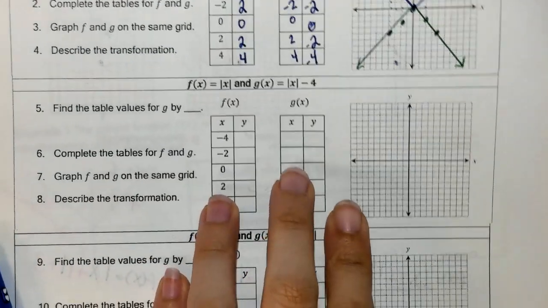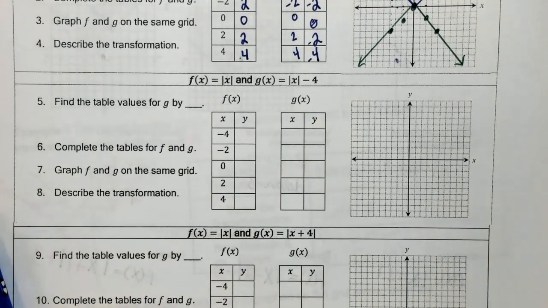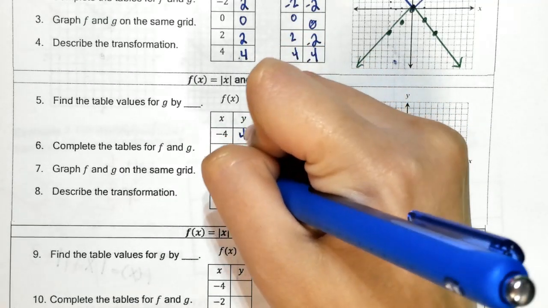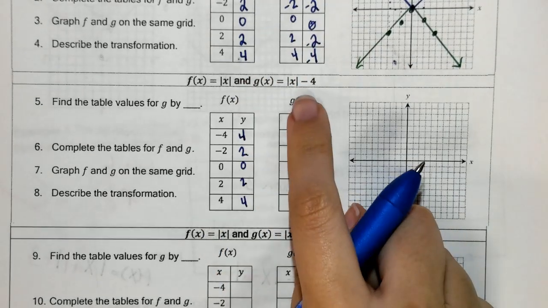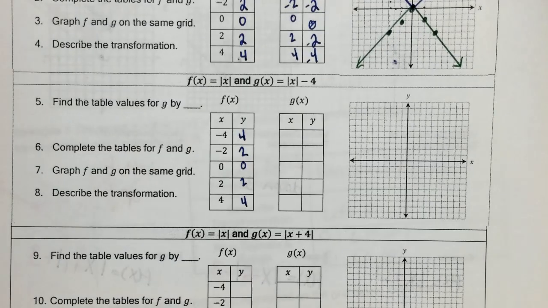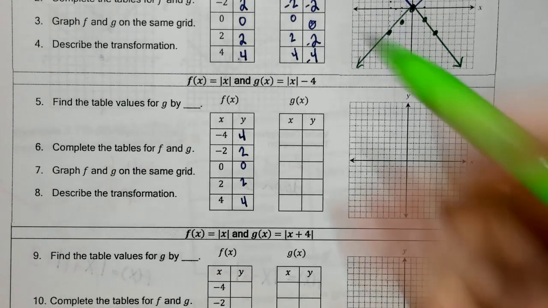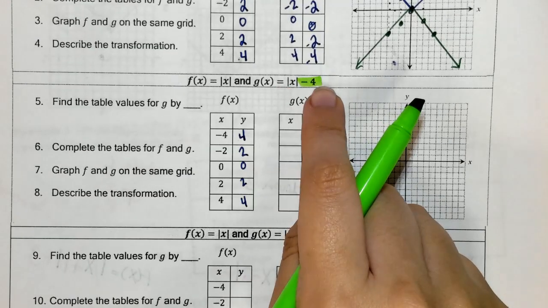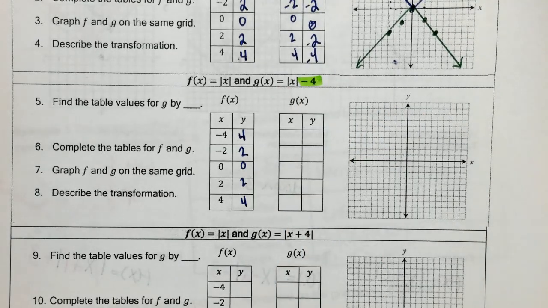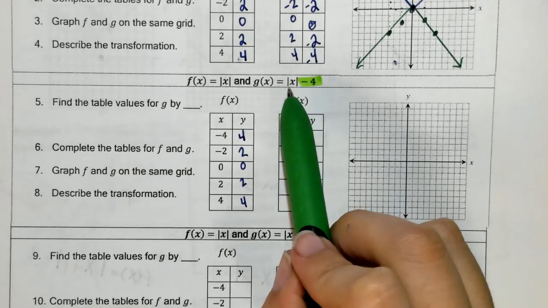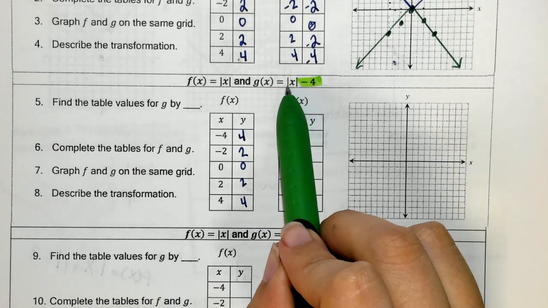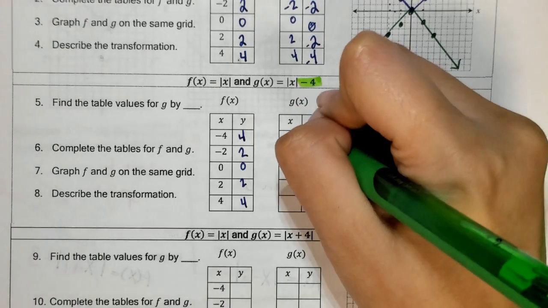Similarly here, I have my parent function, absolute value of x. It's going to turn everything positive, so 4, 2, 0, 2, 4. And what I can see happening here is that I have a -4 on the outside. So whatever I take the absolute value of, I then need to subtract 4 from it. If I plug in my x value, -4, the absolute value of -4 is +4, but 4 minus 4 is 0.